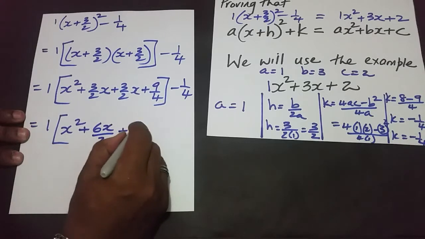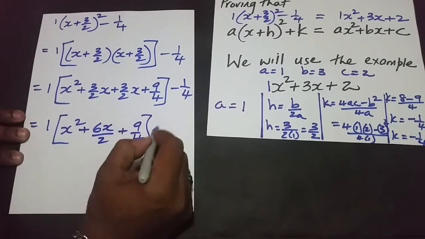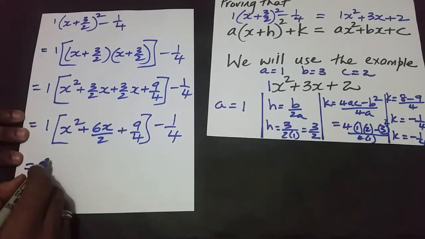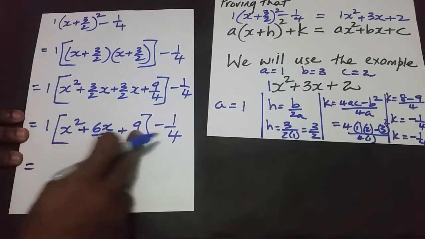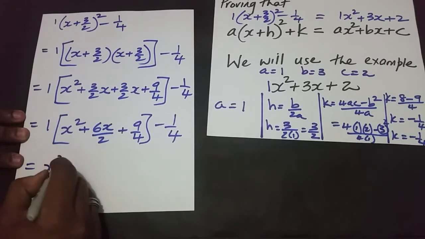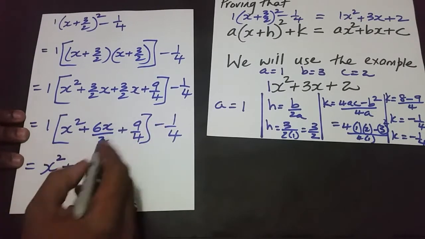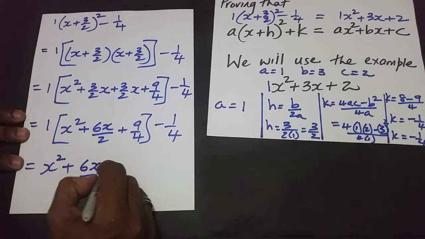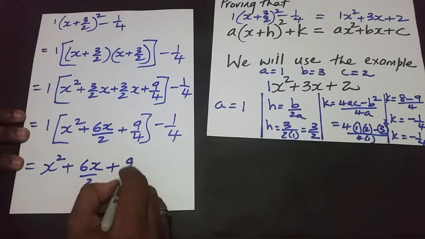And then we have plus 9 over 4 minus a quarter. So what we're going to do is multiply everything inside the bracket by the 1, and what you're going to end up with is 1 times x squared is x squared. 1 times 6x over 2 is still 6x over 2, and 1 times 9 over 4 is 9 over 4.